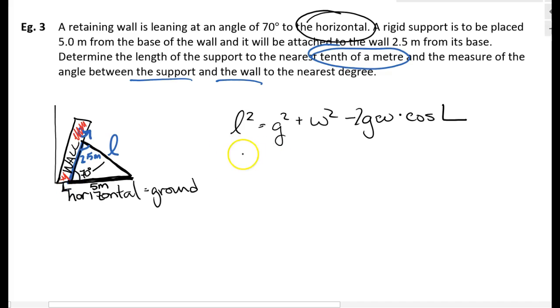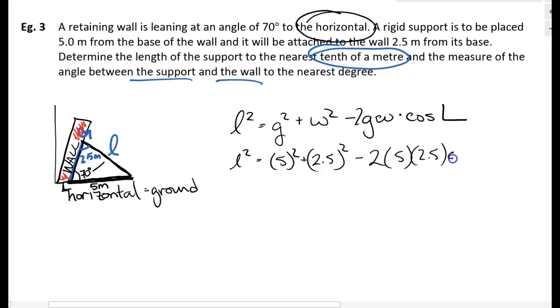Okay, so when I plug in, I'm going to get L squared, because that's what I'm looking for, equals the ground is 5 meters squared plus 2.5 meters up the wall squared minus 2 times 5 times 2.5 cosine of 70 degrees.